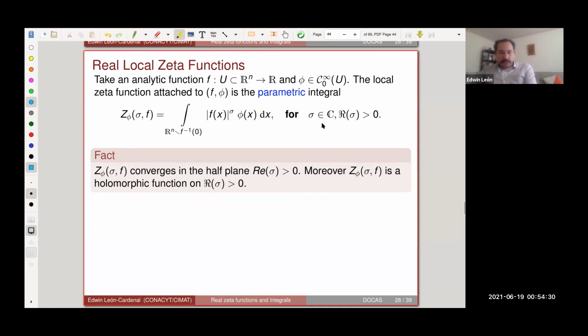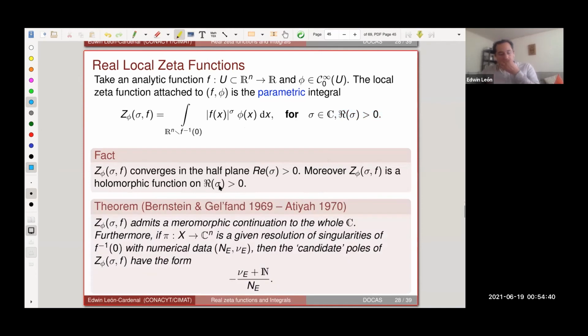So this is well defined when the real part of the parameter is greater than 0, and moreover it defines a holomorphic function there. So the first theorem about these guys is the theorem that was proved by Gelfand and independently by Atiyah, saying that this function admits meromorphic continuation to the whole complex plane.